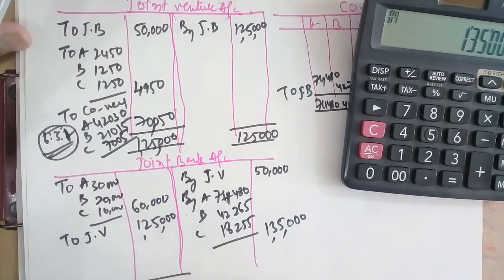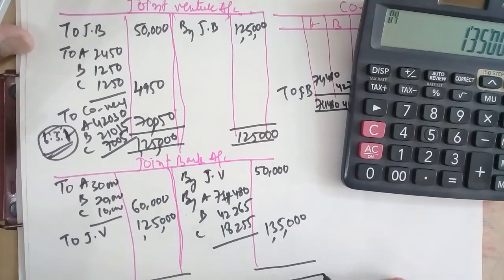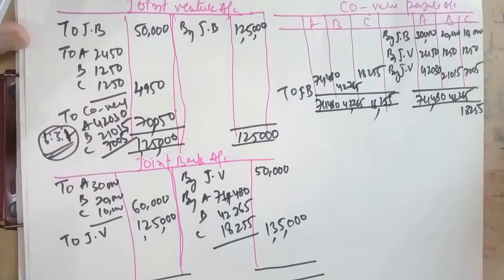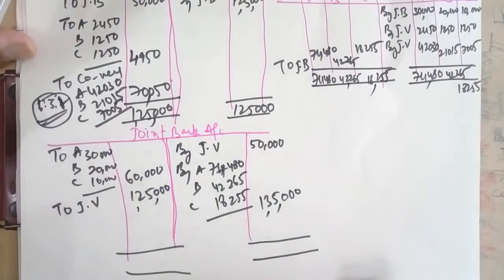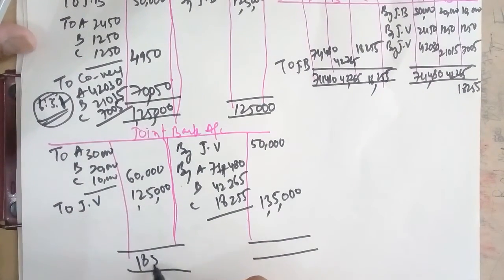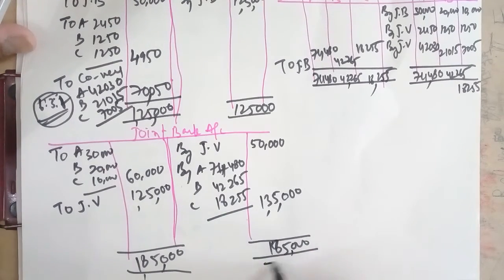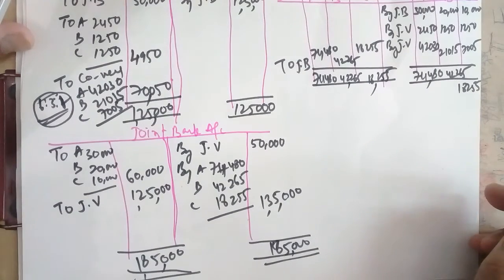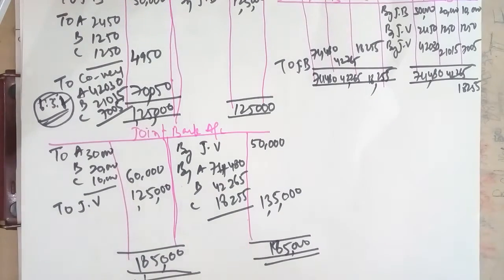As I told you, at the end our joint bank account should tally, otherwise we are wrong. When you make the summation, it is 1,85,000 debit total, and here also 1,85,000. So we are able to tally the joint bank account, in the sense we are right.